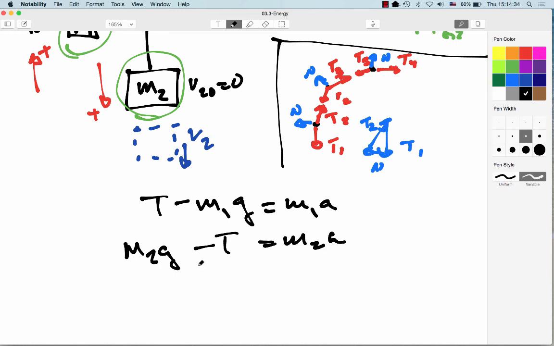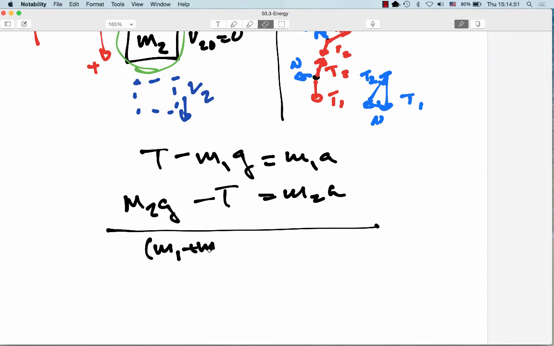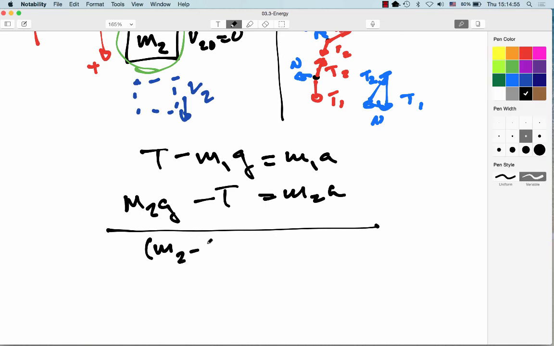Now, the way I can get rid of the unknown tension that I'm not really all that interested in is I can add the two equations that will cancel the T's between them. So I will be left with M2 minus M1 times g here, and M2 plus M1 times a there.